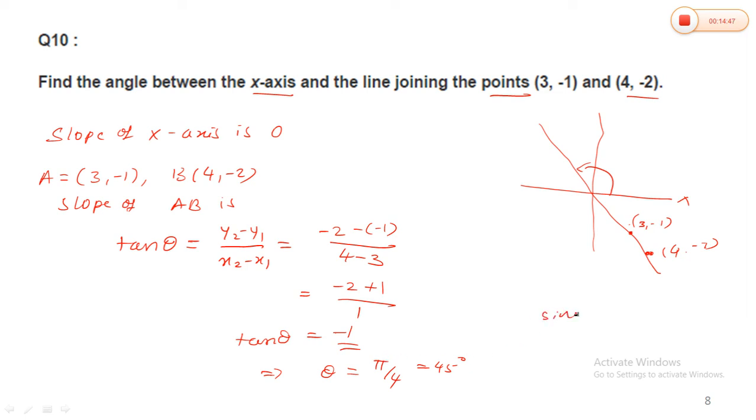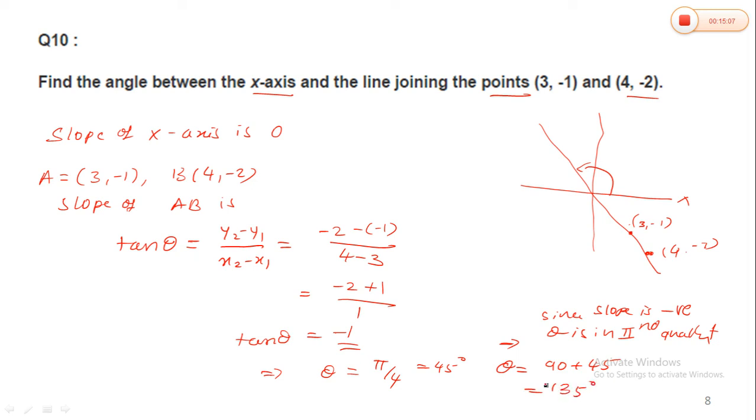Since slope is negative, this implies theta is in the second quadrant. Therefore, theta equal to 90 plus 45, which is 135 degrees. So the angle made by this line is equal to 135 degrees.